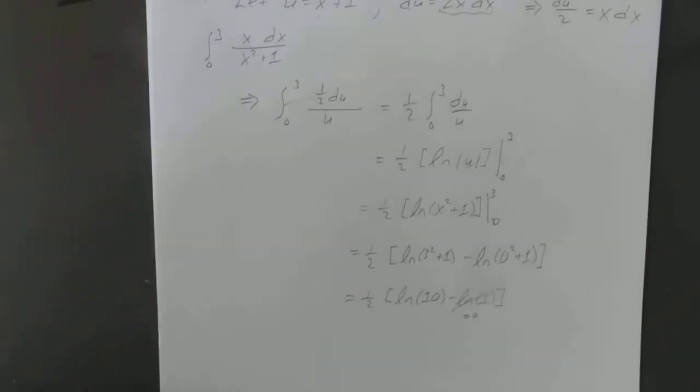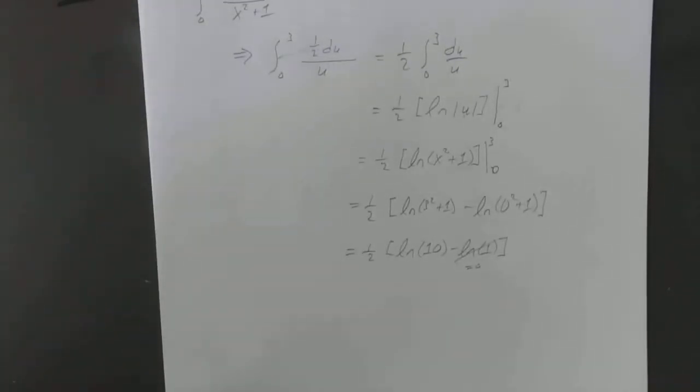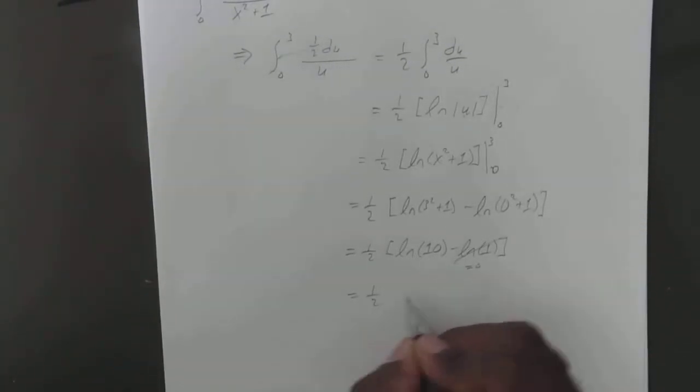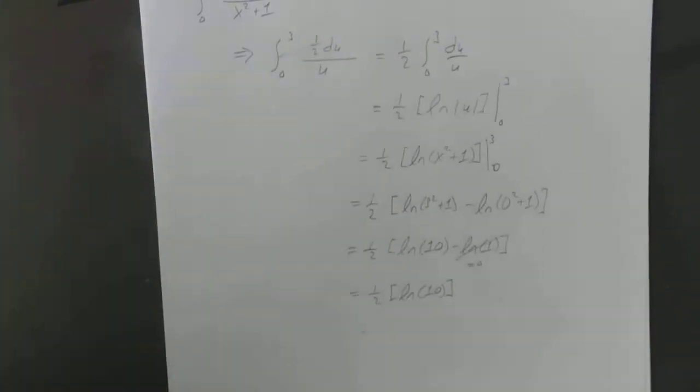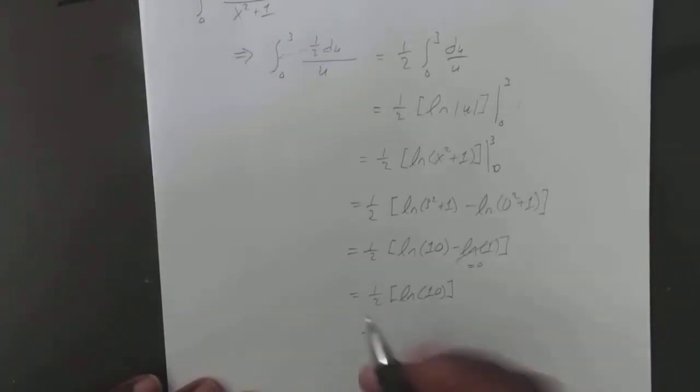Natural log of 1 is just 0, so that disappears. So you're left with 1/2 of natural log of 10, which if you plug it into your calculator will give you about 1.15, give or take.